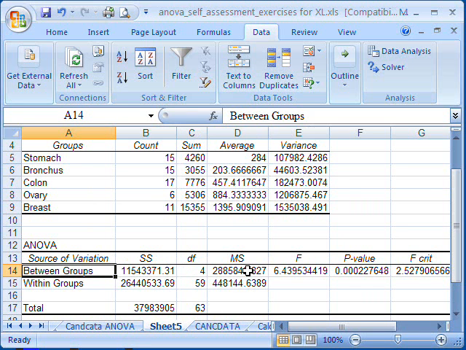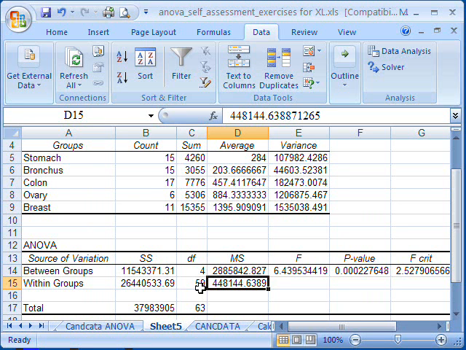So the variability in your data, which is due to the fact that the different cancers have different survival times, is this value here of 2,885,842. And that's derived by dividing these sums of squares by the degrees of freedom to give you your variance, which is the mean square. In the same way, the error mean square is achieved by dividing the error sums of squares by the error degrees of freedom.